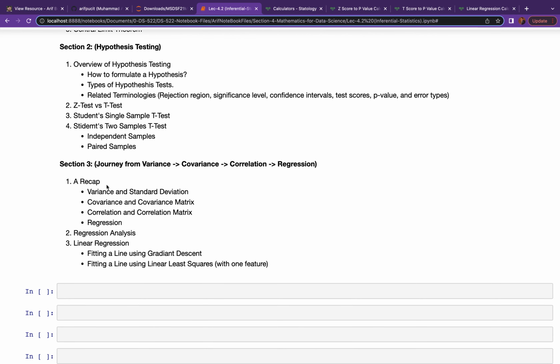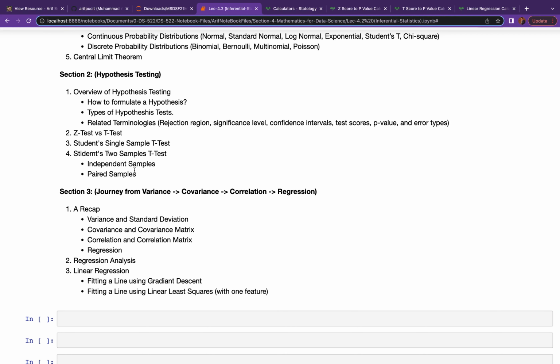This third section is actually a journey from variance to covariance to correlation and finally to regression. My dear students, if you want to learn a specific topic, you can always click the topic from the table of contents in the description box below.